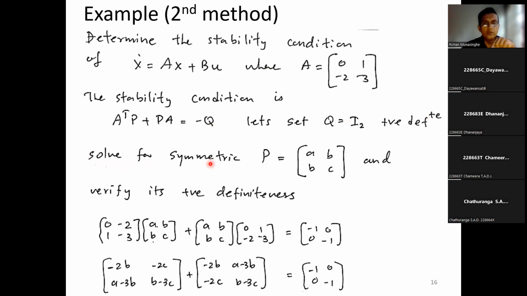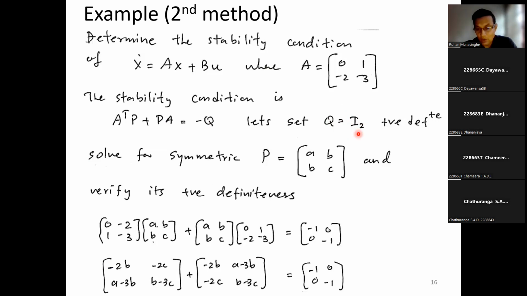And let's solve for symmetric P, which is [a, b; b, c]. Symmetric means the off-diagonal elements are equal and the main diagonal elements are different. The identity matrix we select here is [1, 0; 0, 1], with positive elements so that it is a positive definite matrix.